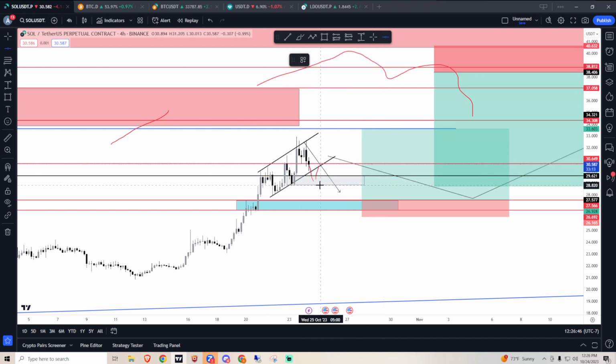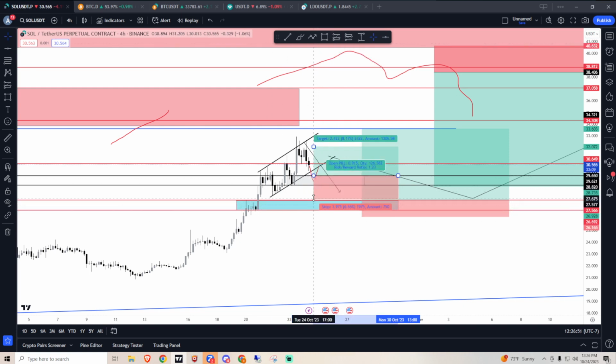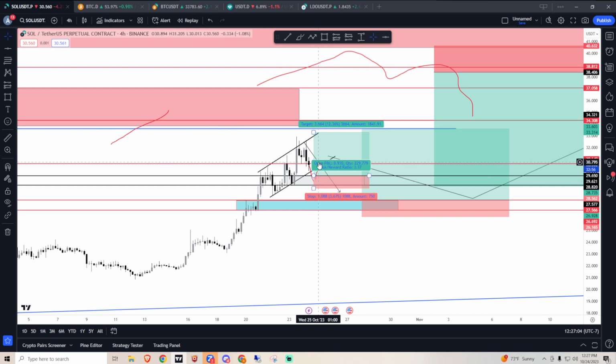Placing a limit order that way, stop loss below the wicks. Hopefully it wicks down into here, closes above, and then continues higher. Otherwise, this breaks down, retests, and then you mark it short with your stop loss somewhere above here. I don't know where yet.